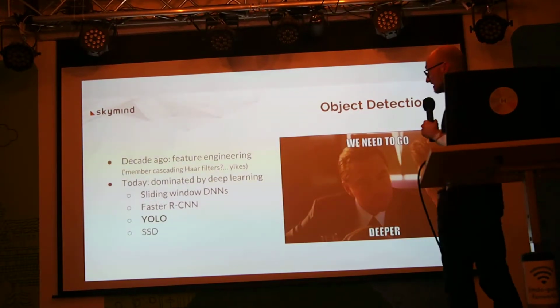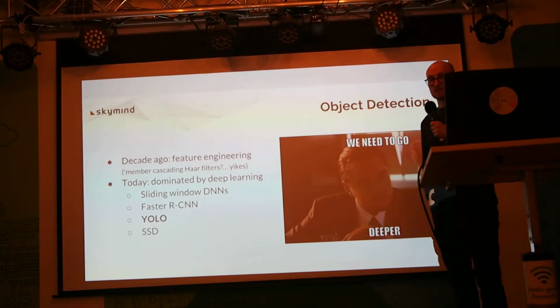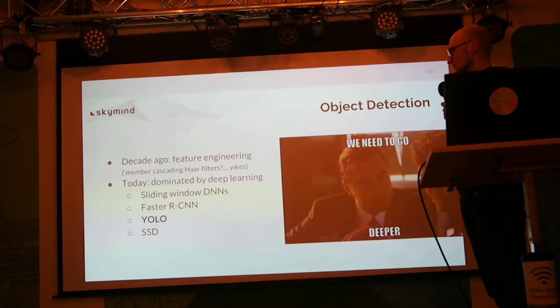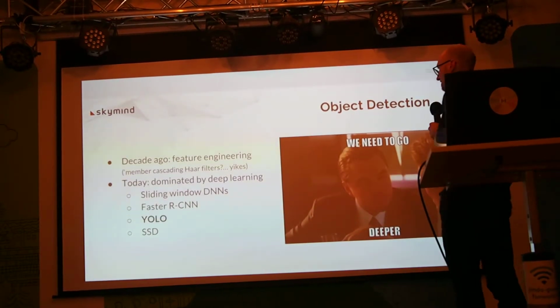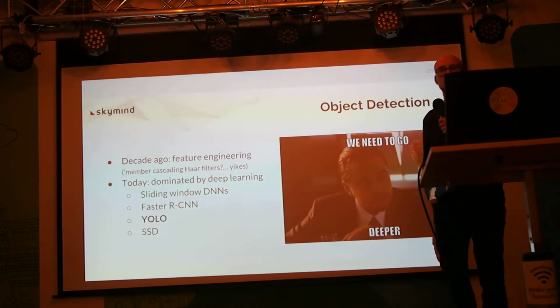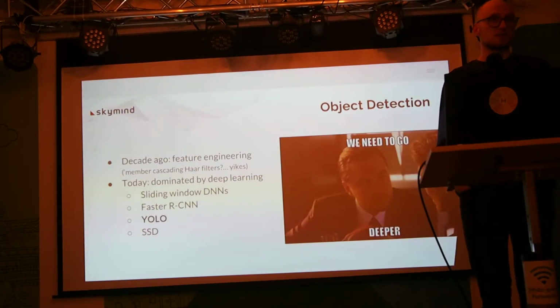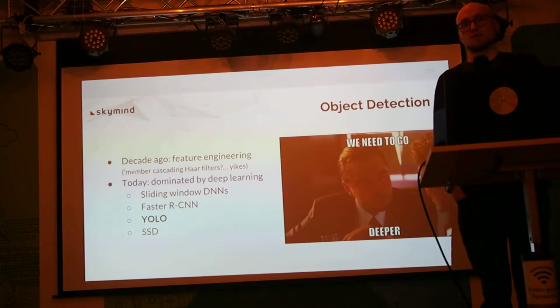And today, as far as I can see, the field is pretty much dominated by deep learning approaches. I don't know the exact time frame, but in the beginning, people reused classifiers for image detection.